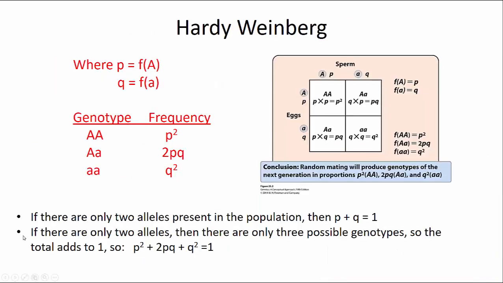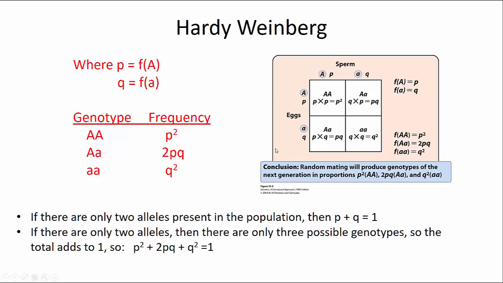So the Hardy-Weinberg principle is summarized here, where P and Q equal the frequencies of the two alleles. The genotype frequencies can be calculated based on P and Q. One other point I would like to remind you of is that P plus Q should equal 1 if there are only two alleles present in the population.